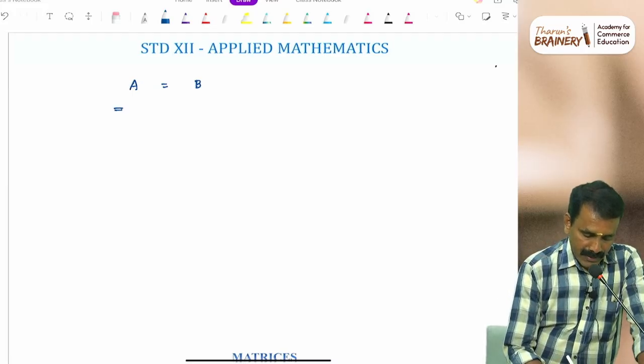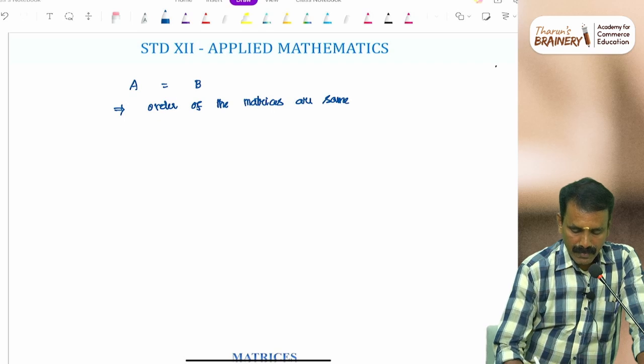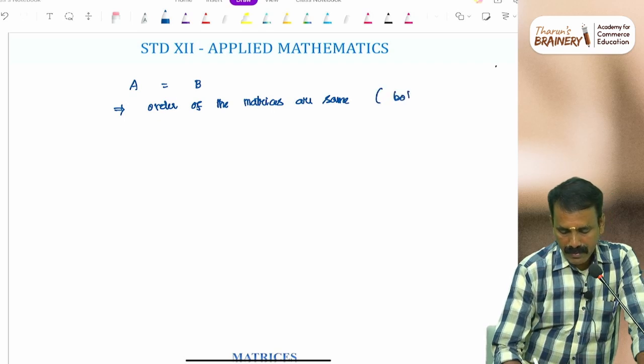A equal to B implies the order of the matrices is the same, or in other words, both the matrices are of the same order.